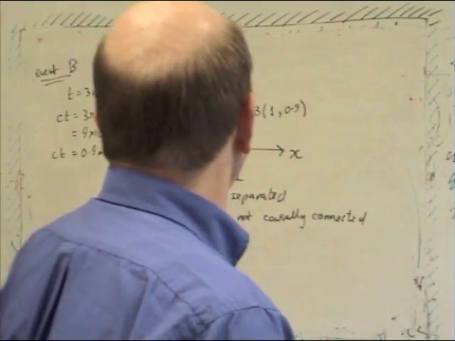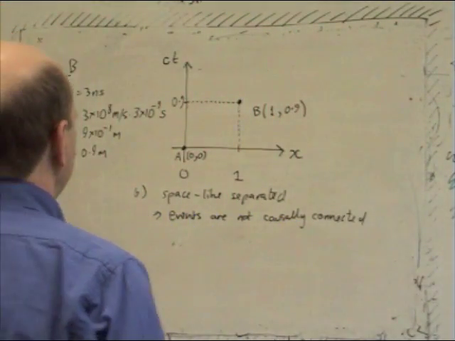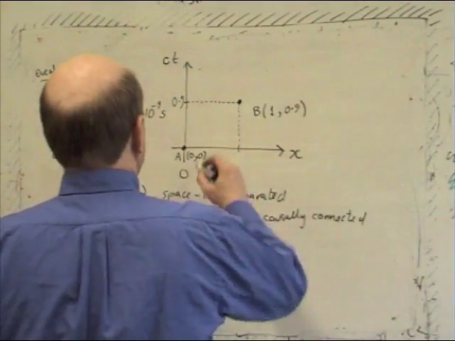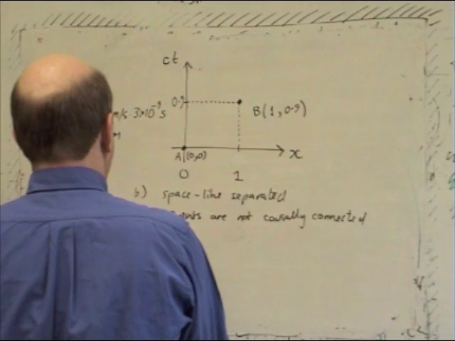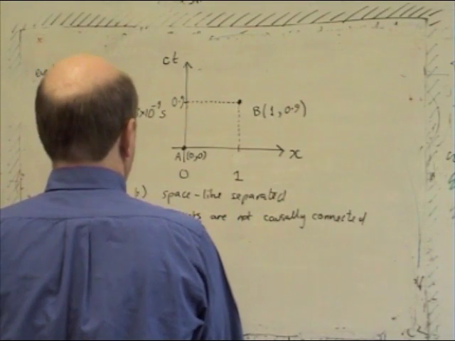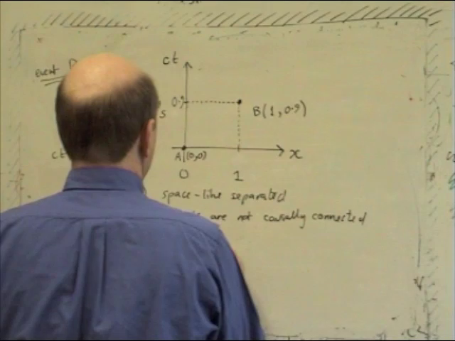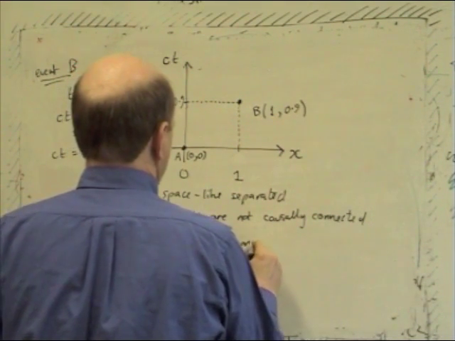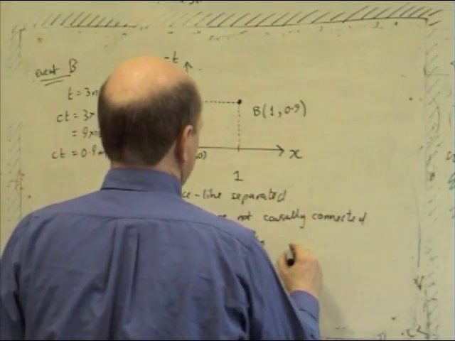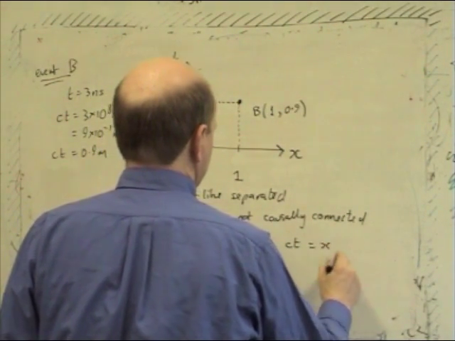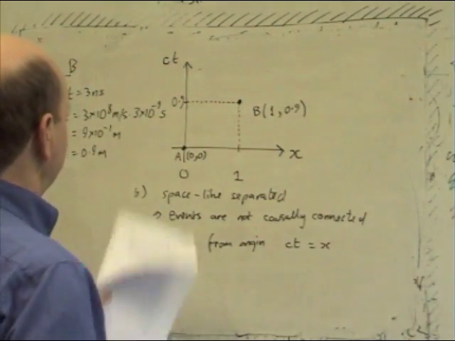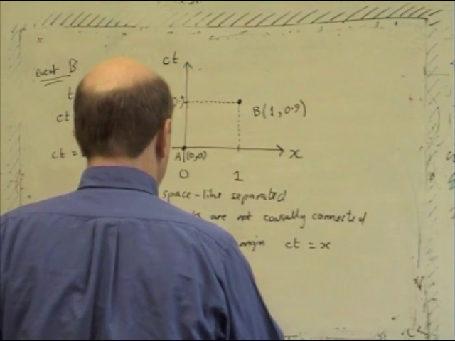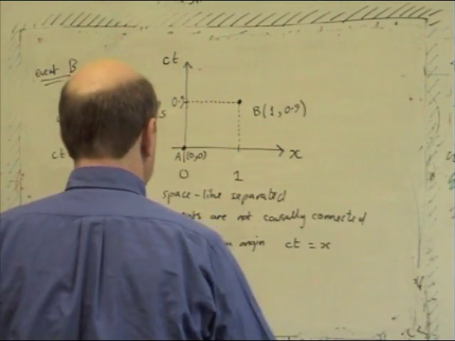So what's the fastest thing which can fly out of event A? Well, the fastest thing is a light beam. And a light beam from the origin, which is where event A is in my coordinates, has the equation CT equals X. In other words, on a CT x-axis, the world line of the light beam has slope +1.